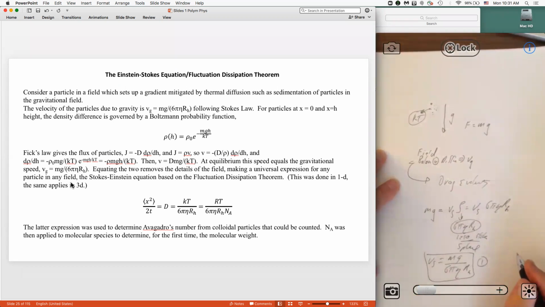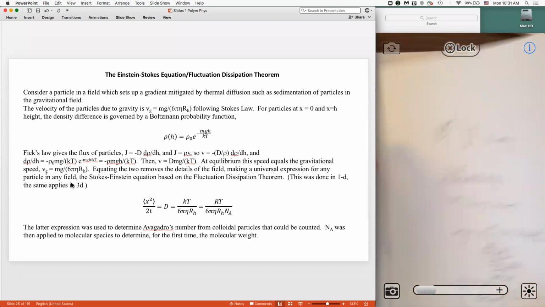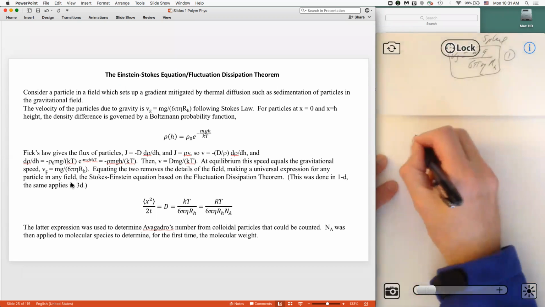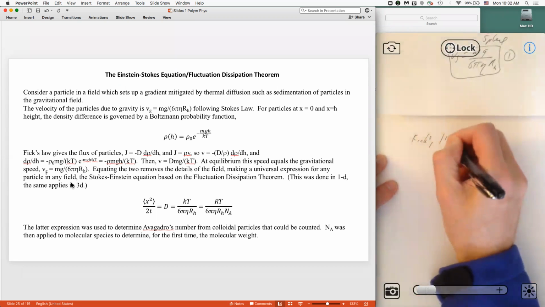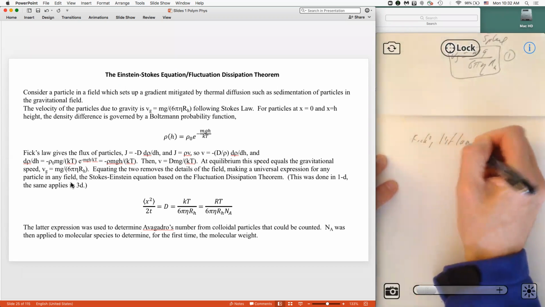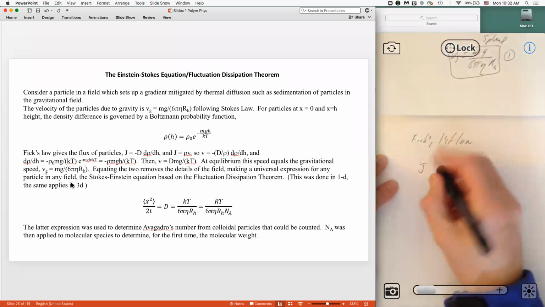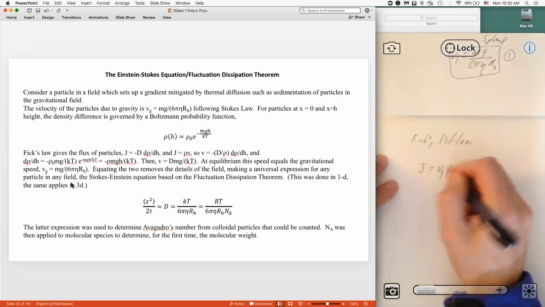And then the other one comes from Fick's first law. Fick's first law is that the flux equals the velocity times the density.